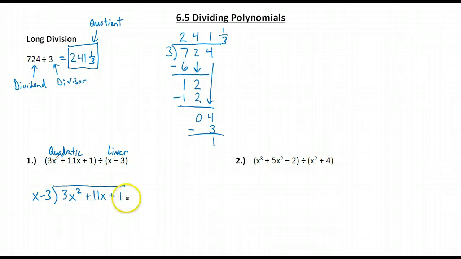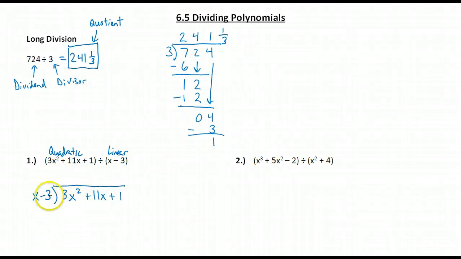And the process is going to be the same. I'm just going to get my numbers a little bit differently. Before, I looked at 3 and 7 and decided how many times 3 went into 7. I'm going to do the same thing here, but I'm just going to look at my leading coefficients. So I have an x and I have a 3x squared.